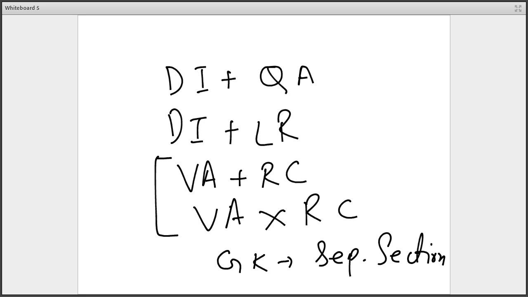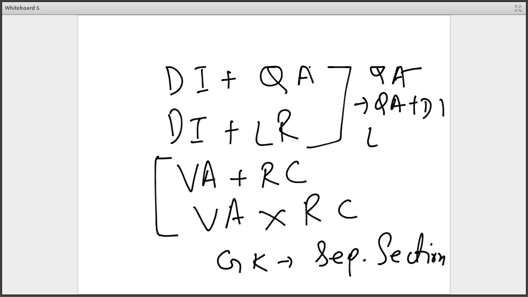DI, QA and LR could come in multiple formats. It could be QA alone, it could be QA plus DI, it could be LR plus DI, it could be LR separate. These are the multiple combinations in which IIFT keeps on giving the paper.